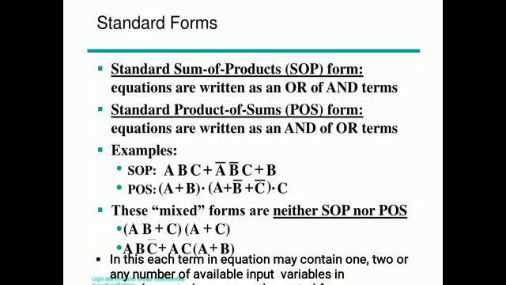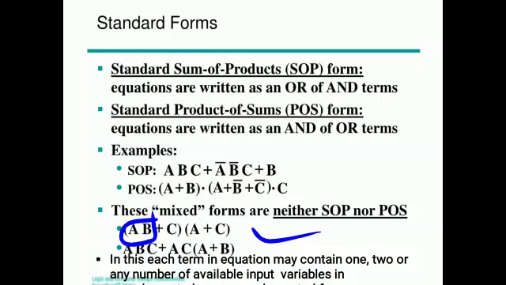Here the examples are given, such as AB plus C in one bracket and A plus C in another bracket. Here each variable should be there. Here A into B has been written, so this cannot be in POS form.